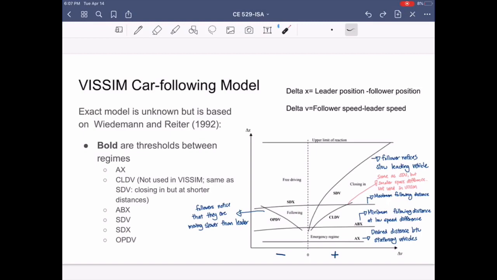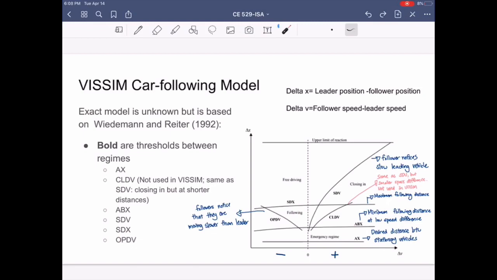The following regime bounded by SDV, SDX, OPDV, and ABX is a zone where leader movement can affect follower reaction. The part between SDX, CLDV, ABX, and SDV is still considered the follower closing in, but at a much smaller relative speed and distance.